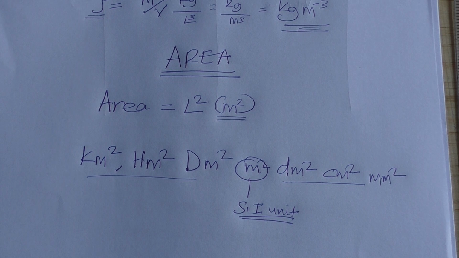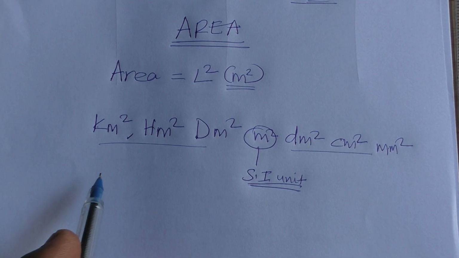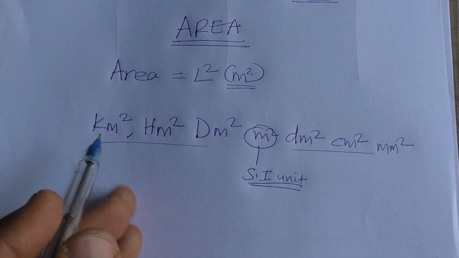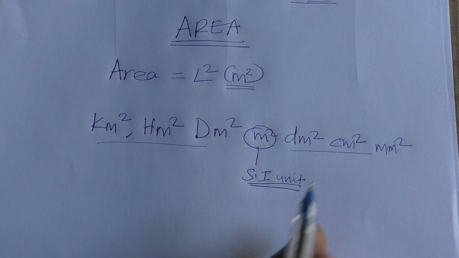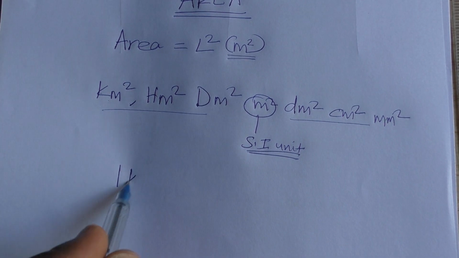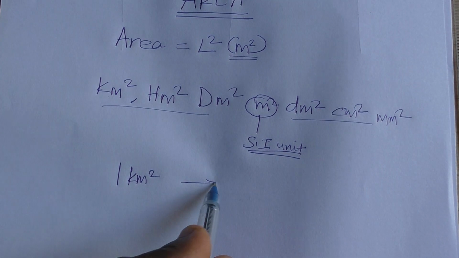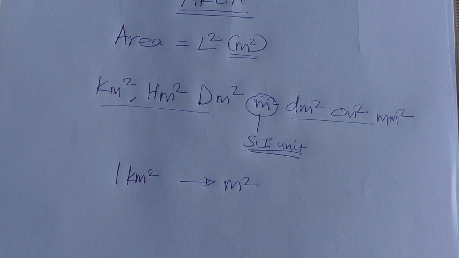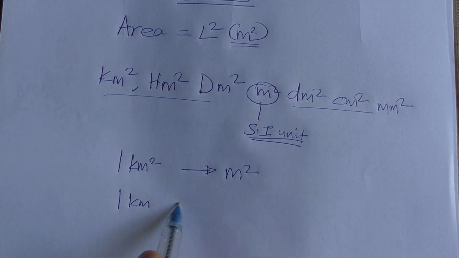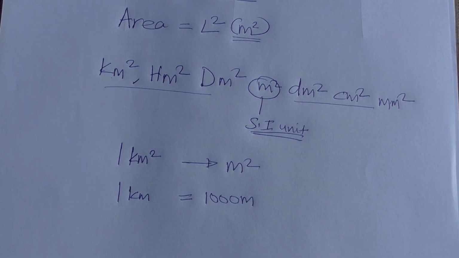So when we are looking at conversion, we can convert from any of these to the other. For instance, if we are to convert 1 kilometer squared to meter squared, we know that 1 kilometer is equivalent to 1,000 meters.